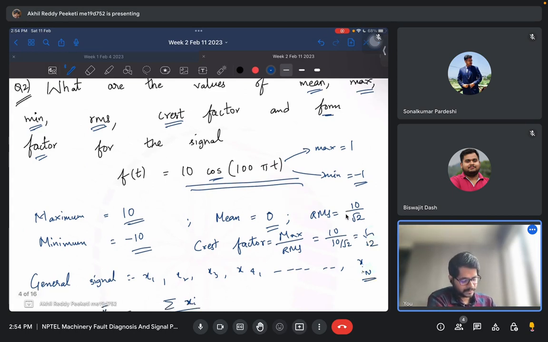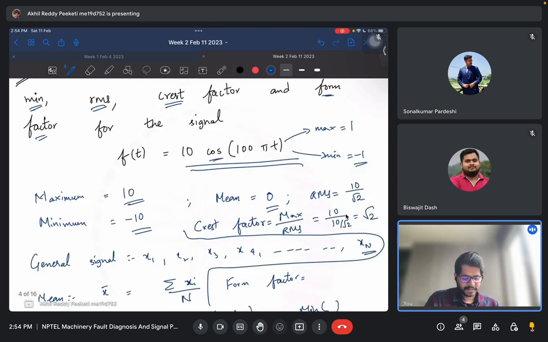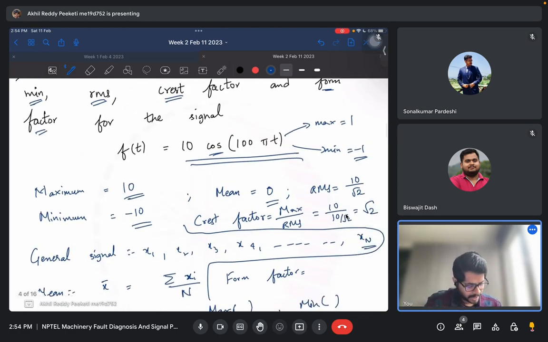Okay. And what would be the form factor? The form factor is defined as RMS by mean. Since the mean is 0, the form factor becomes infinite.